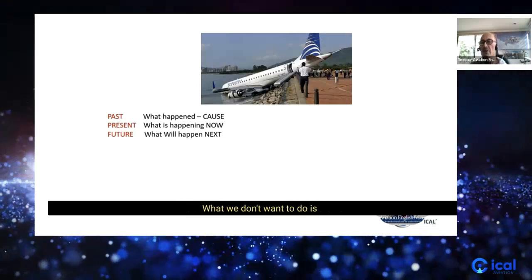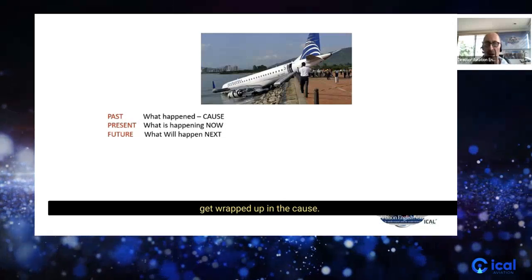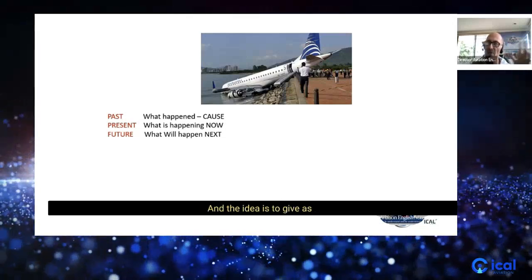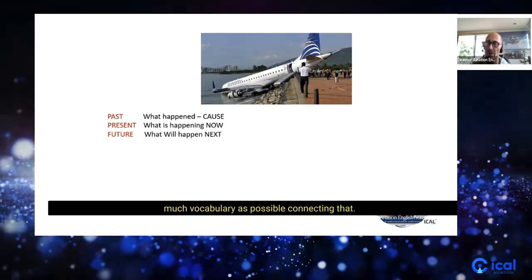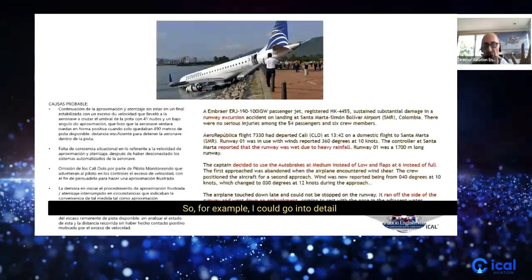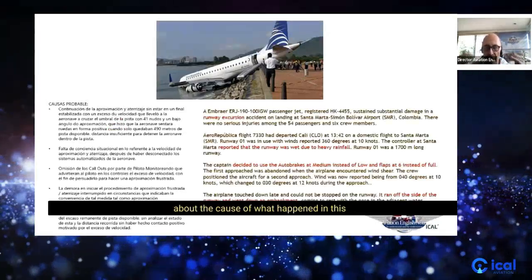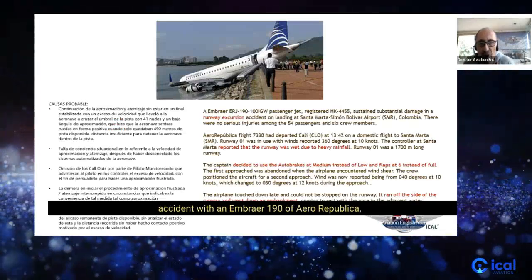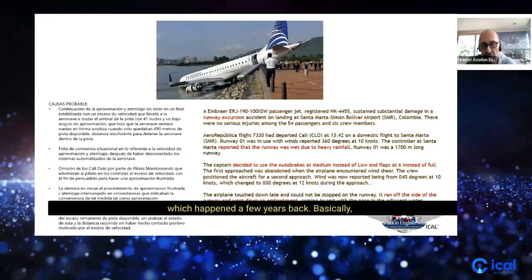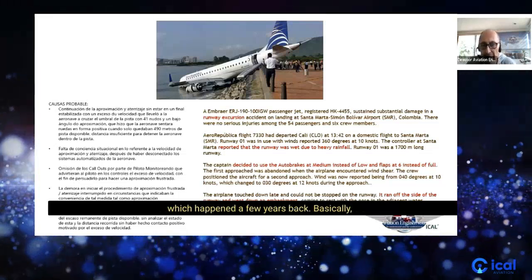What we don't want to do is get wrapped up in the cause. The idea is to give as much vocabulary as possible connecting that. For example, I could go into detail about the cause of what happened in this accident with an Embraer 190 of Aero Republica, which happened a few years back.